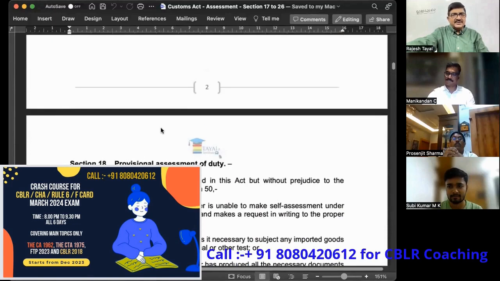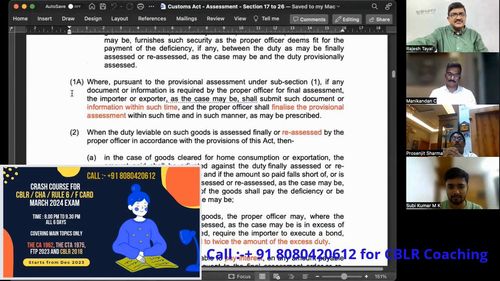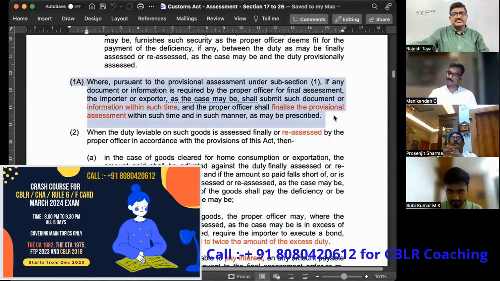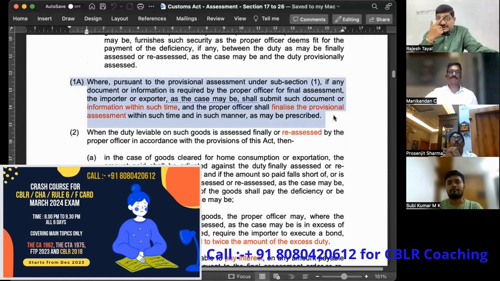Now see this, subsection 1A. Where pursuant to the provisional assessment under subsection 1, if documentation or information is required by the proper officer for the final assessment, the importer or exporter, as the case may be, shall submit the information, and the proper officer shall finalize the provisional assessment within such time as may be prescribed.